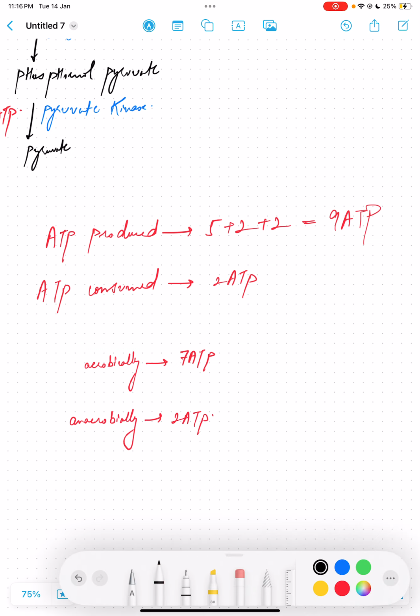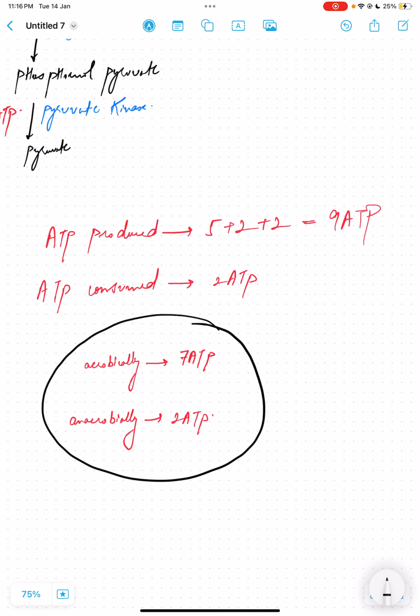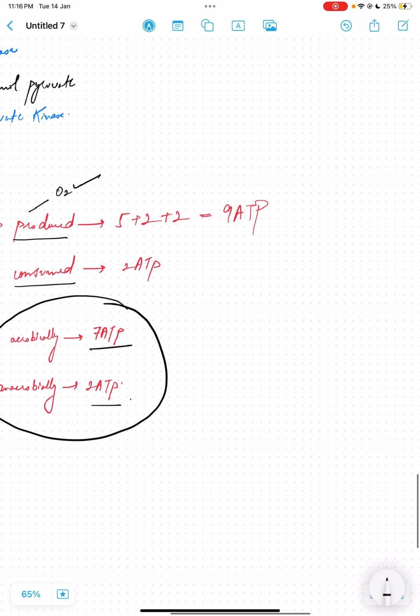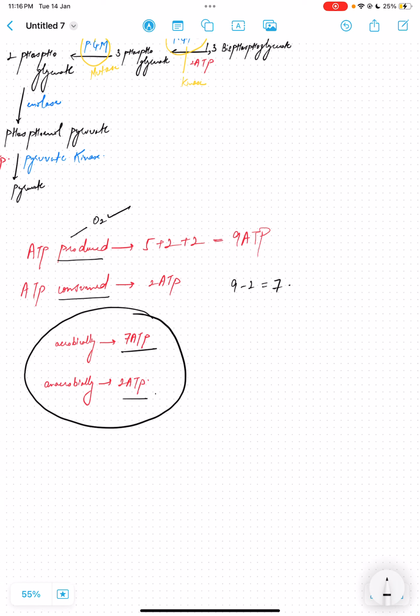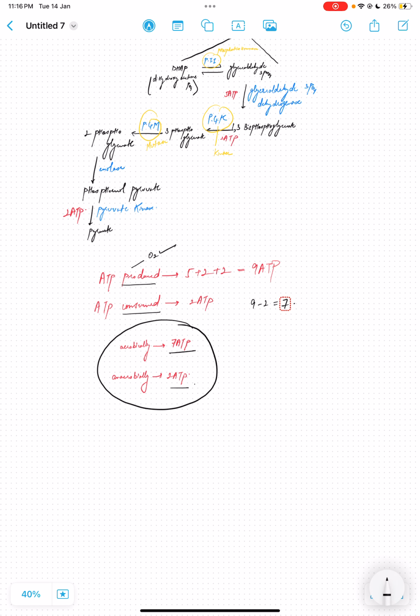That you should remember. How did the 7 come? From production and consumption. In the presence of oxygen, it is 9 minus 2, which is 7 ATP. So this is the amount of energy.